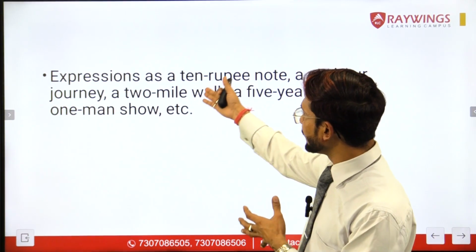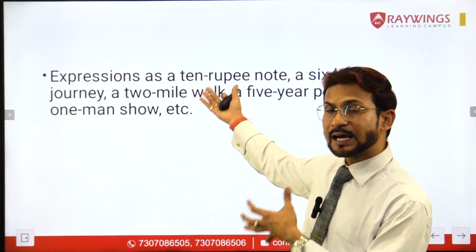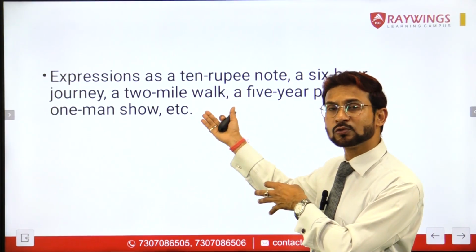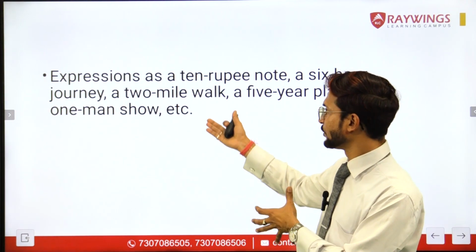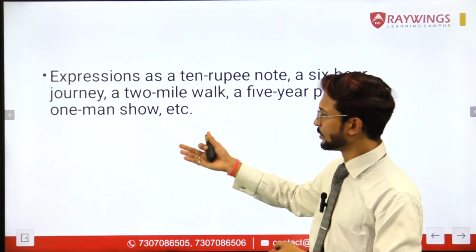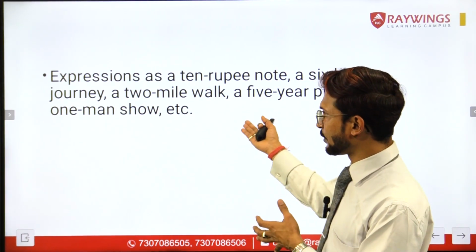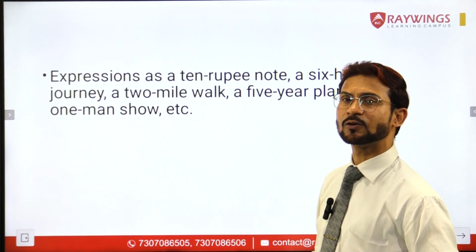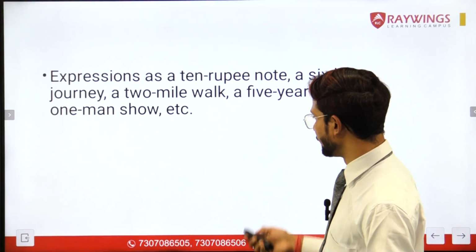They are preceded by a, that is an indefinite article. And this indefinite article is always used for singular countable nouns. This is never used for plural nouns. So it is clear from here itself that these expressions are always used in the singular form.